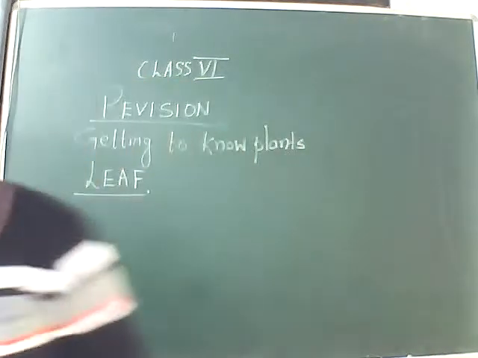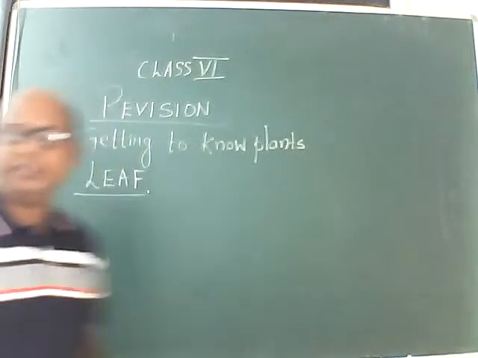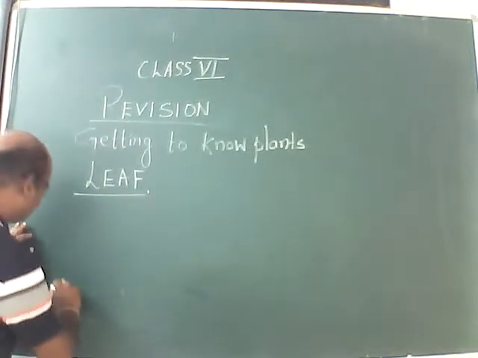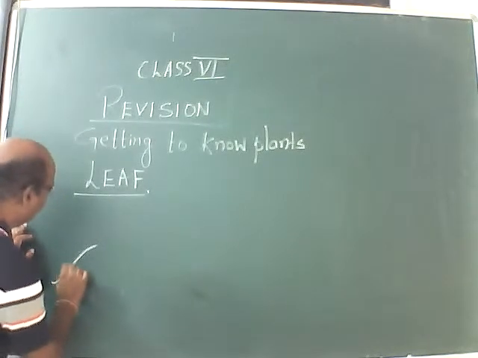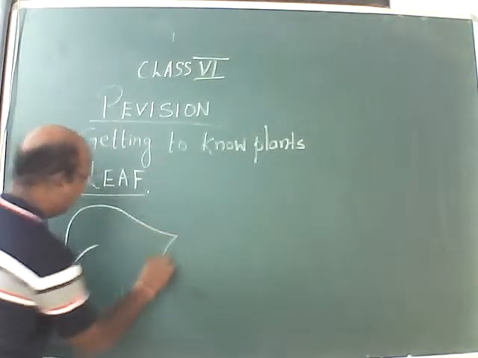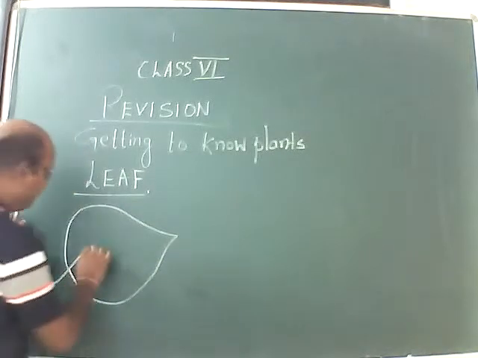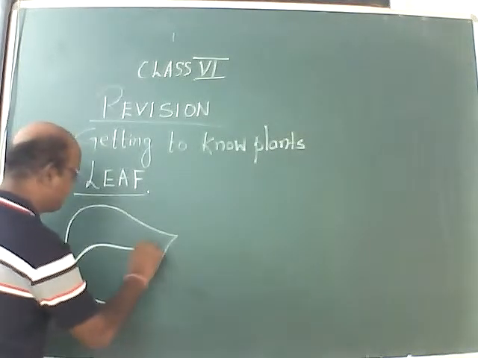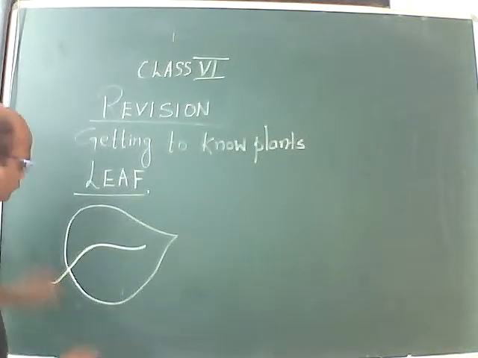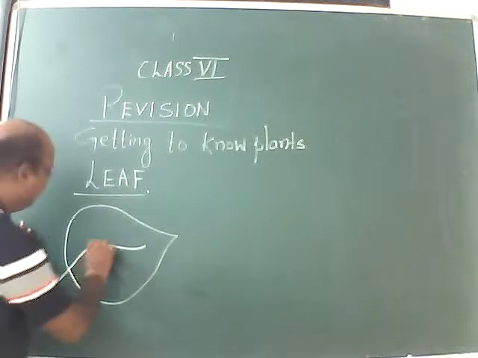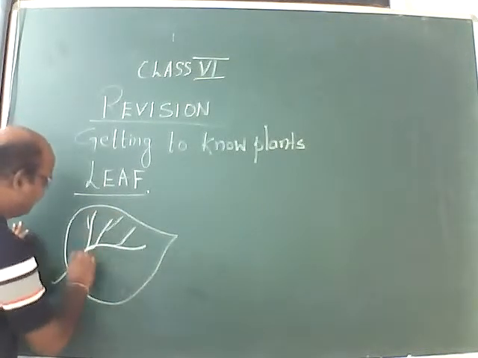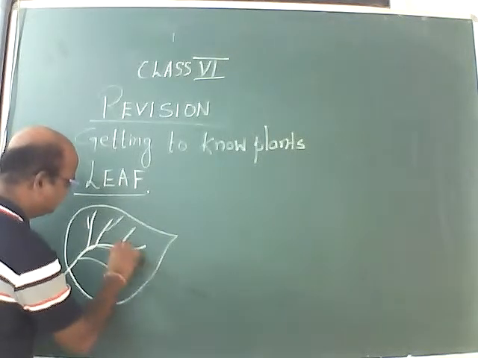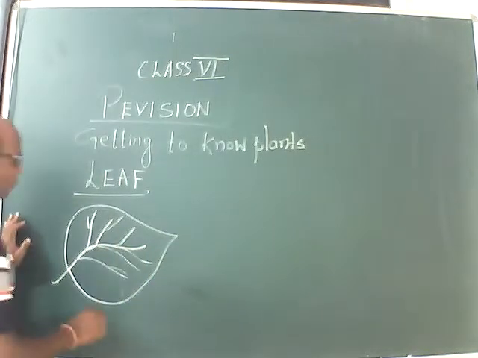Now we already studied about the leaf, that it has a stalk-like structure called petiole, and there is a flat green lamina. This petiole continues as midrib, and you will find many thread-like structures coming out of this midrib and forming a network known as veins.